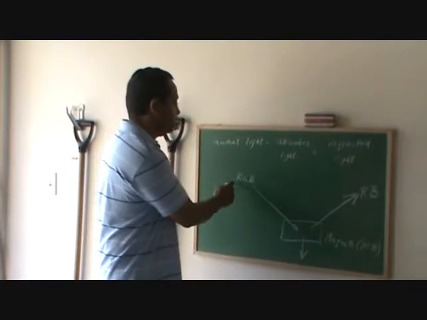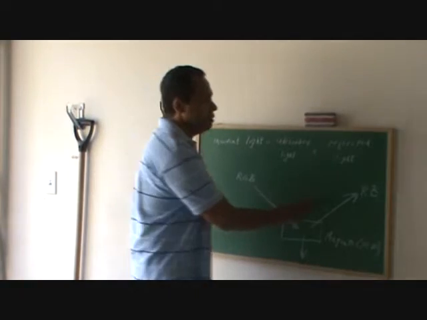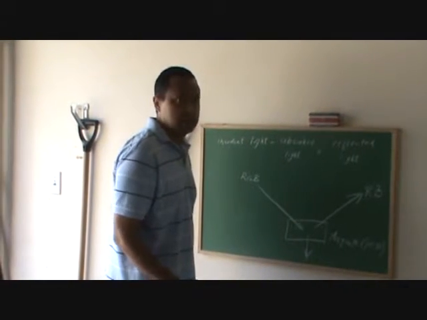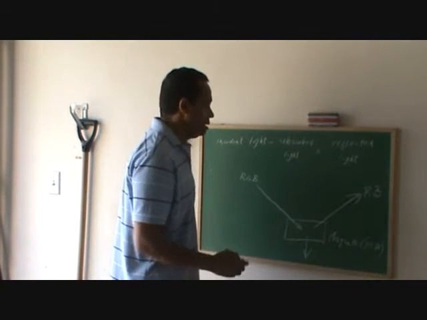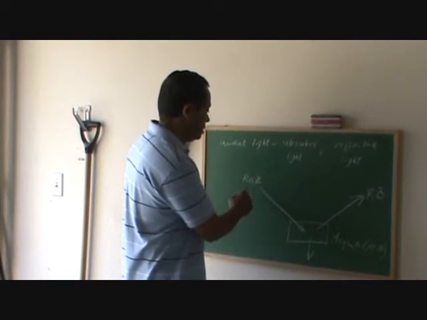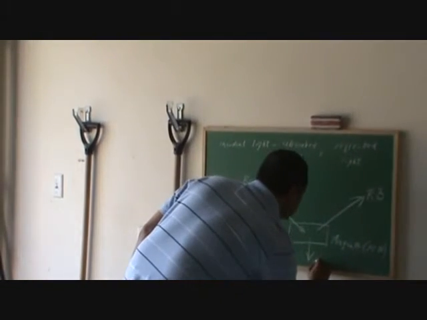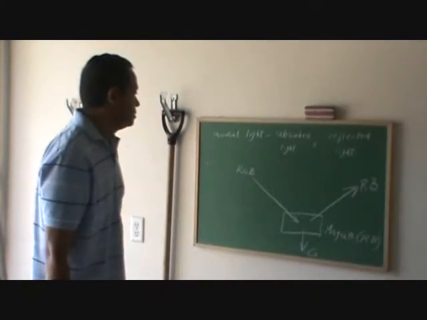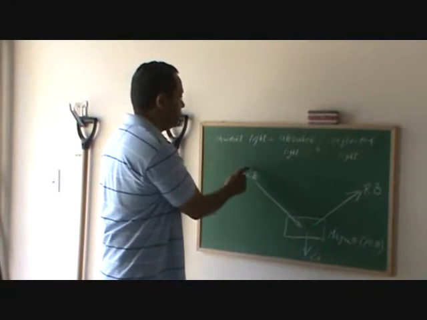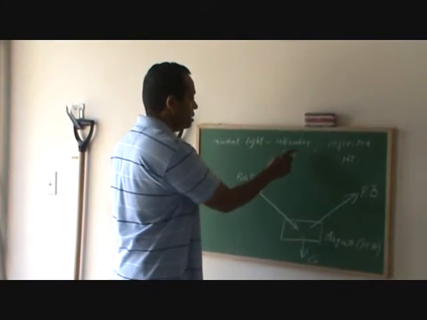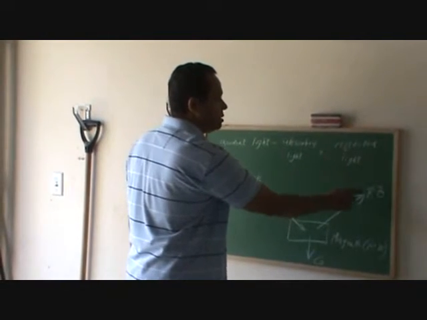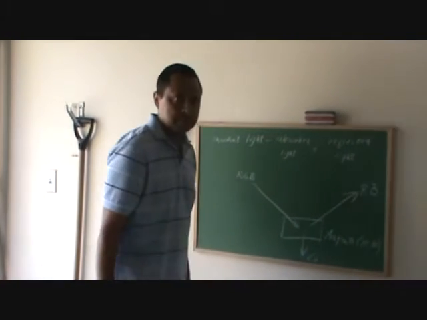Now the incident light is red, green and blue, and the reflected light is red and blue. So it means that the observed light is green. So incident light, which is red, green and blue, subtract observed light, which is green, gives you the reflected light, which is red and blue.